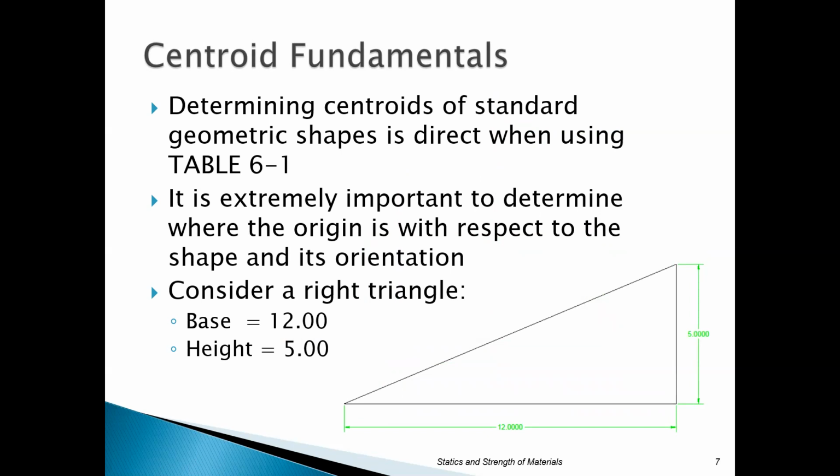So again, it's very important to determine where the origin is, because just because you have a triangle doesn't mean you're always going to use it the same way with that chart, okay? So it's very important to understand how that works. So you kind of have to turn that chart to match the situation, what's going on with you, okay? Is everybody okay with that?